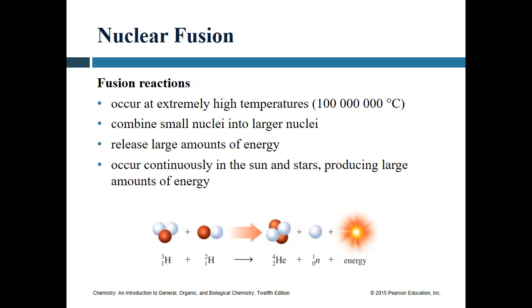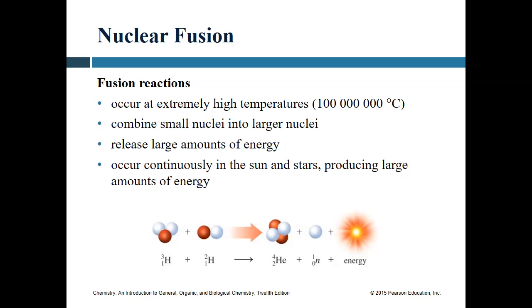Now, as human beings and as scientists, we've been trying to figure out ways to replicate these processes for quite some time now. Because after all, if we could figure out a way to do fusion, we wouldn't have to worry about the nuclear fallout and waste associated with fission.